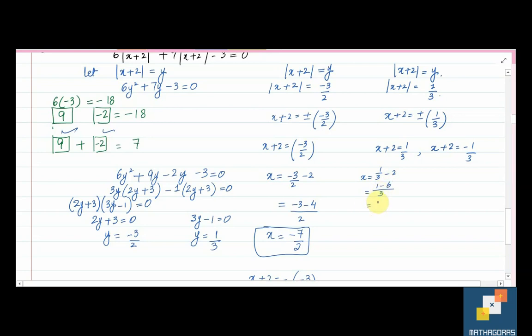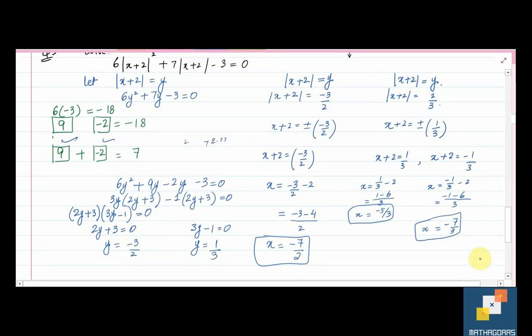So the final answer is negative 5 divided by 3, the value of x. And the last one, x is equals to negative 1 upon 3 minus 2. The LCM is 3, minus 1 minus 6, that is equals to minus 7 divided by 3, that is equals to x, right?